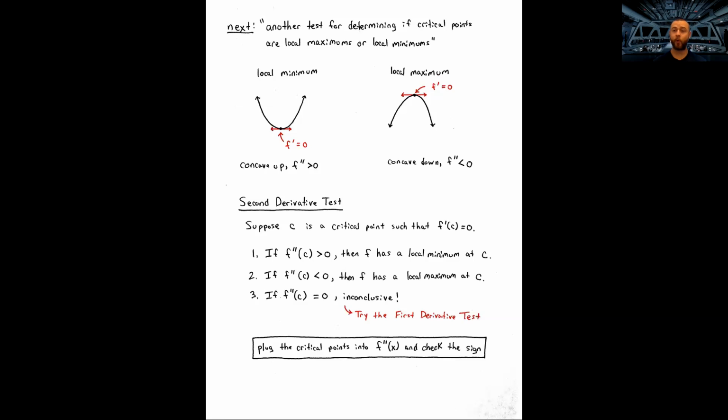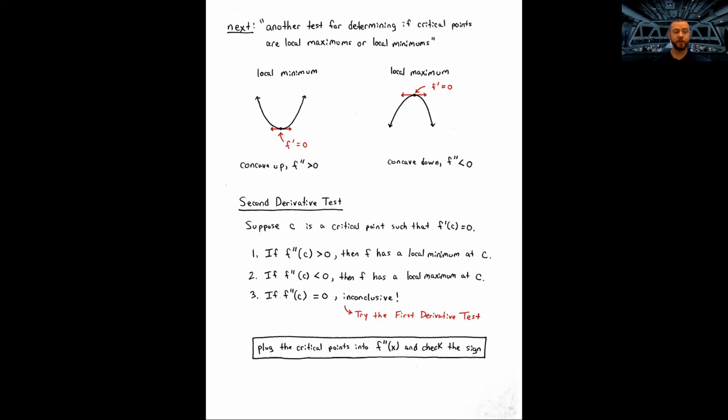All right, what the test requires us to have first are critical points where the derivative equals 0. The second derivative test, as stated, doesn't apply to critical points where the first derivative is undefined. So just to be clear about that, we only worry about critical points coming from the first derivative equaling 0.